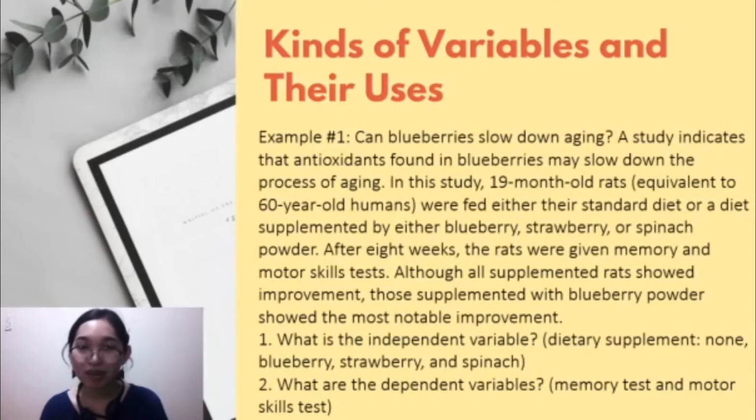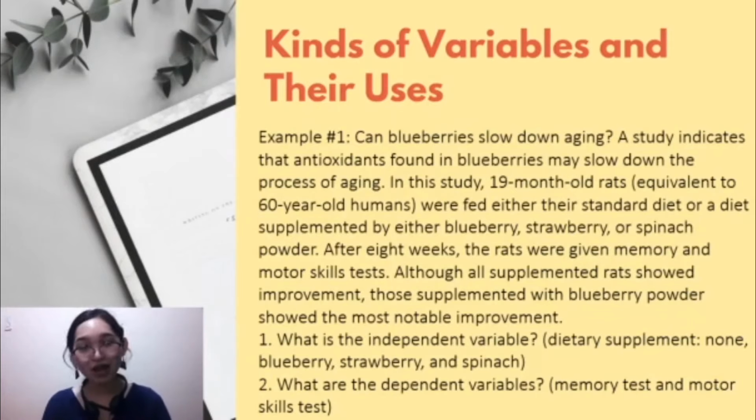Although all supplemented rats showed improvement. So, sa research, nakita nila na lahat sila, yung mga binigyan ng blueberry, strawberry, and spinach powder, meron silang improvement. However, those supplemented with the blueberry powder showed the most notable improvement.